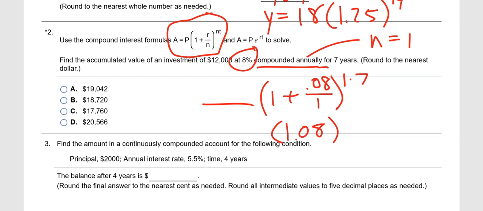If that was some other number in that denominator, it would not be that easy, and you would need to use your calculator to type it in. Any idea what goes in front? 12,000. Your starting value of 12,000. So really, this simplifies down to something nice like this. What do you get on your machine?